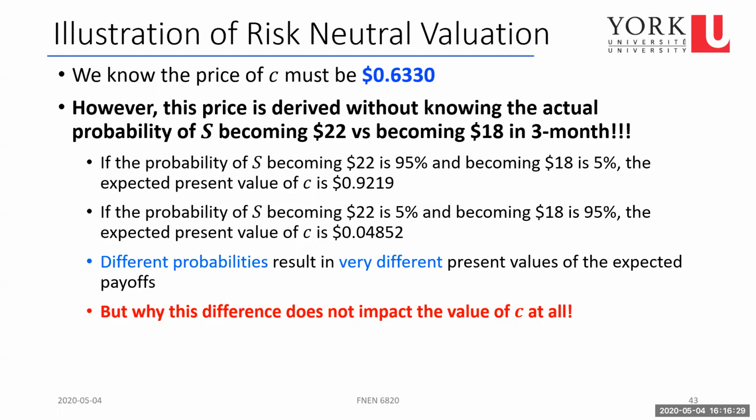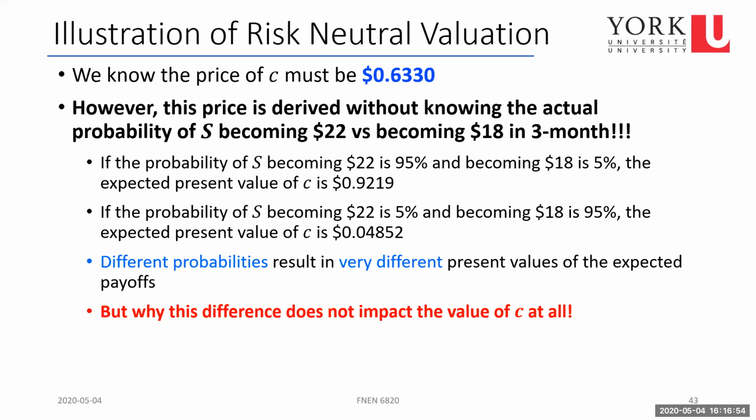So now people will say, well, okay, if really there's a high probability of going up, let's say there's a 95% chance in the world for the stock to go up to 22, and only a 5% chance for the stock to go down to 18.